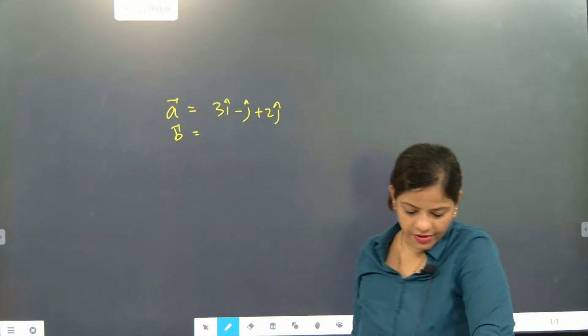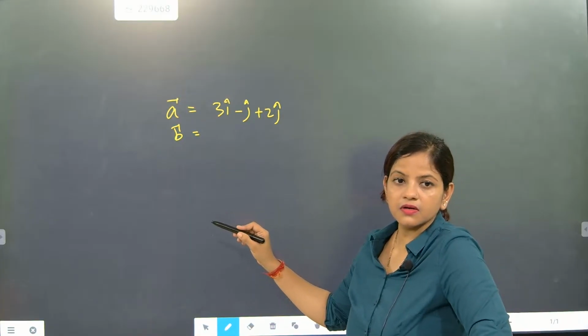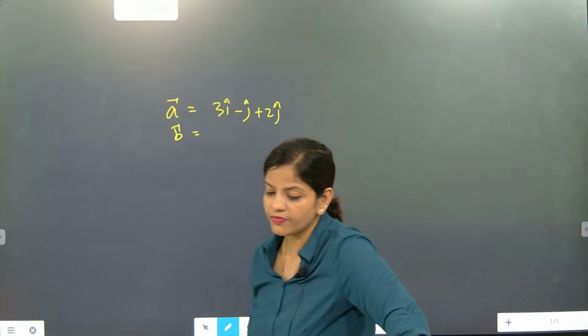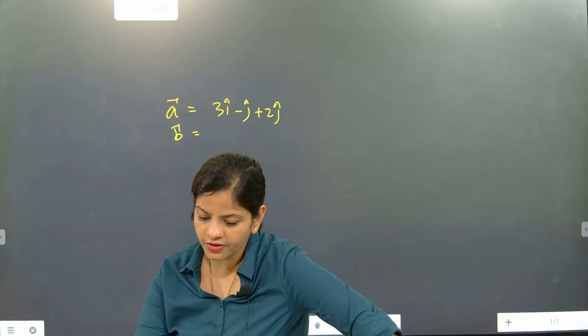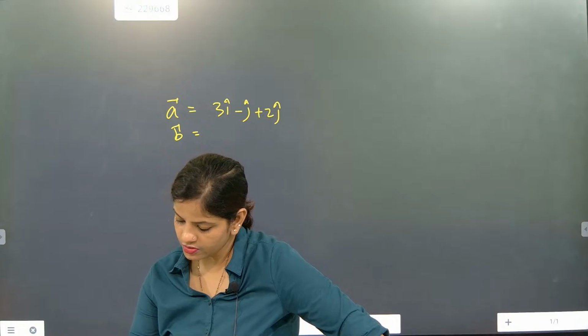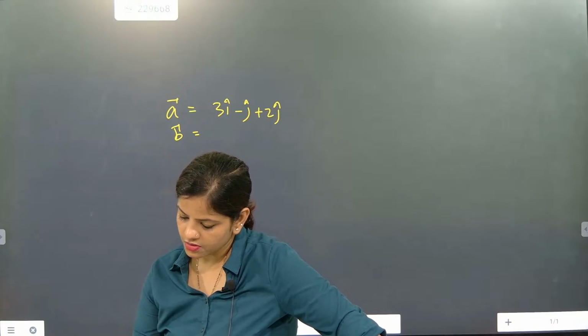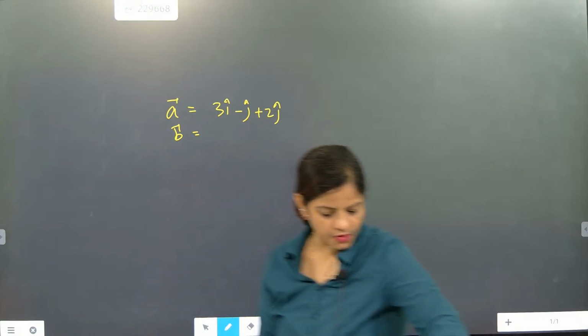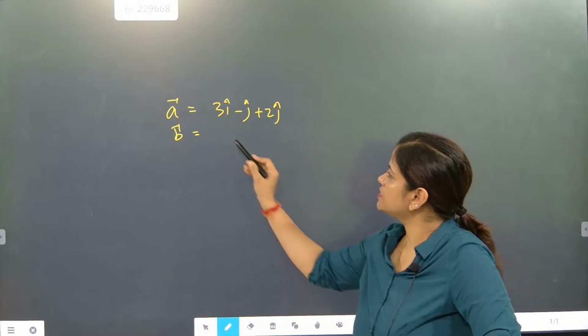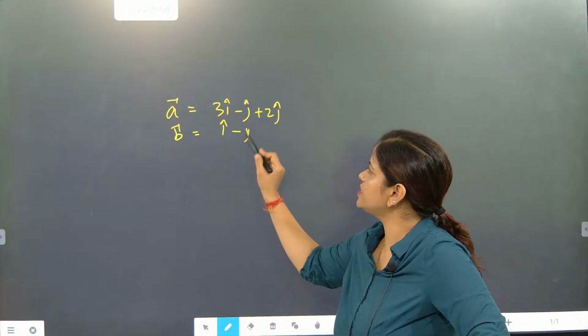B vector is coming as I minus j minus 3k. We need to find the area with the help of the vertices.